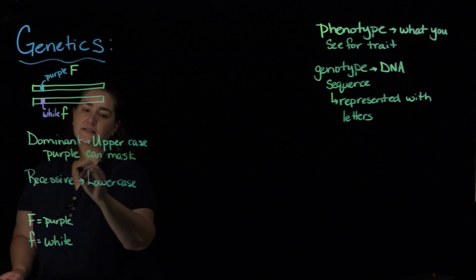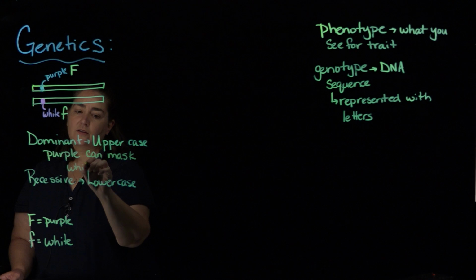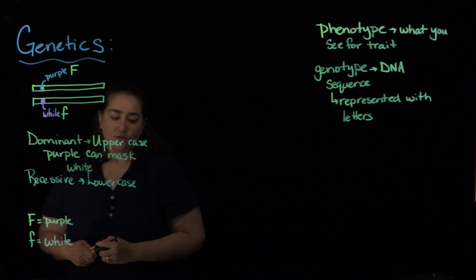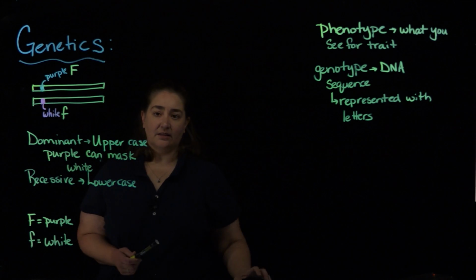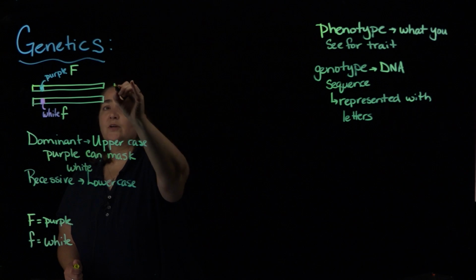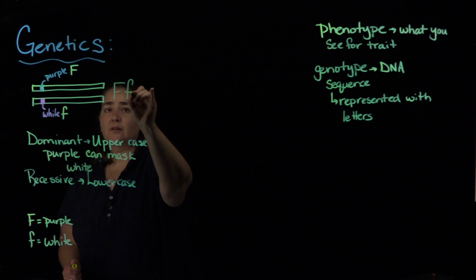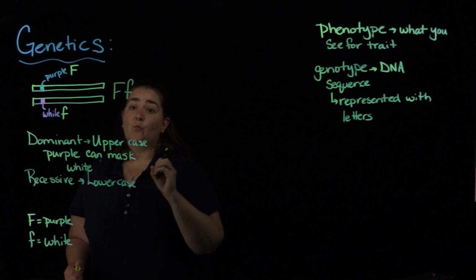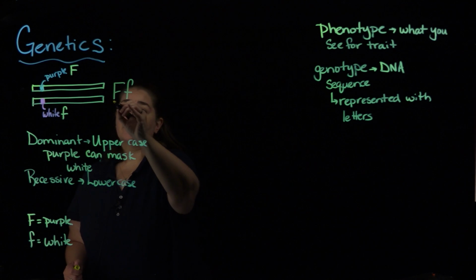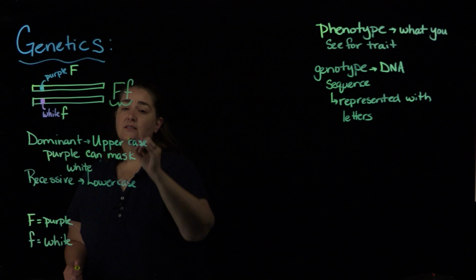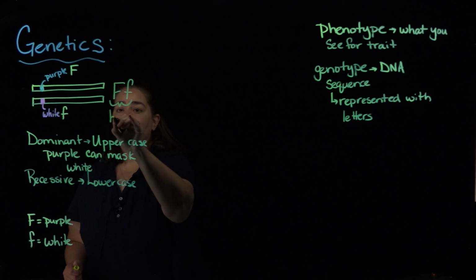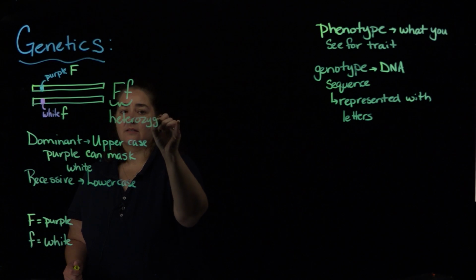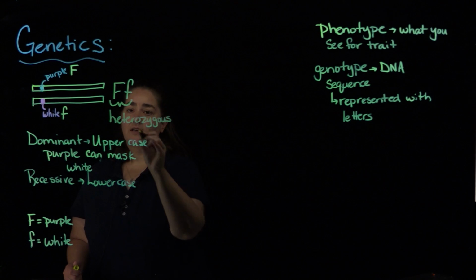It can mask the presence of a white allele. So if we want to define this genetically, we could say our alleles are capital F, lowercase f, and that combination, when the two cases don't match, we refer to as being heterozygous.